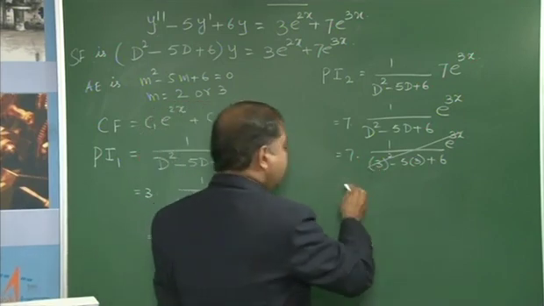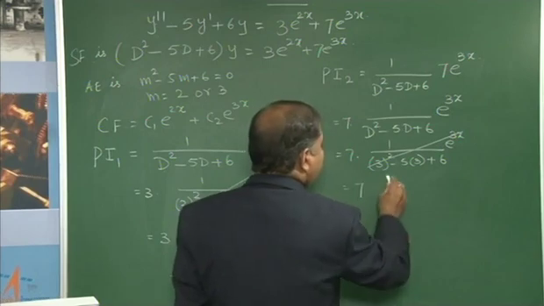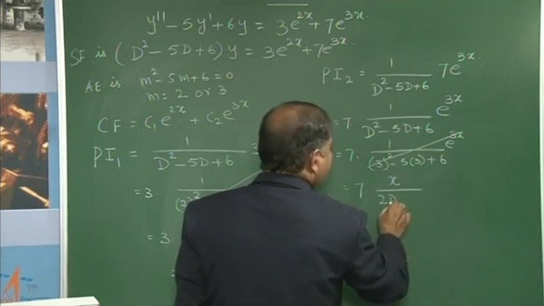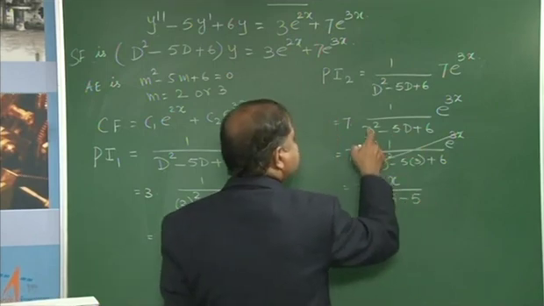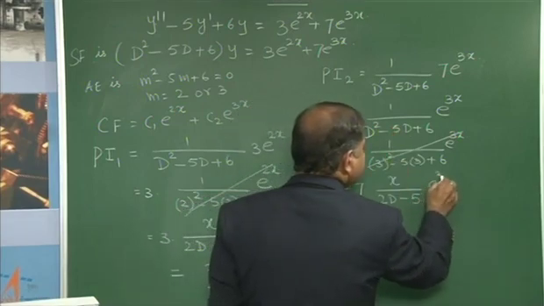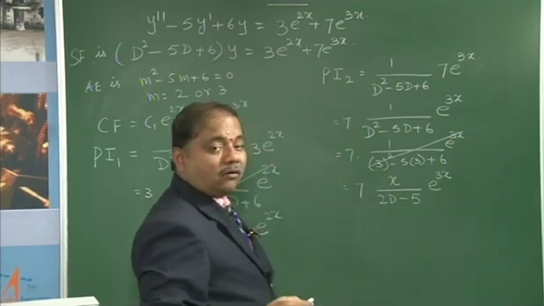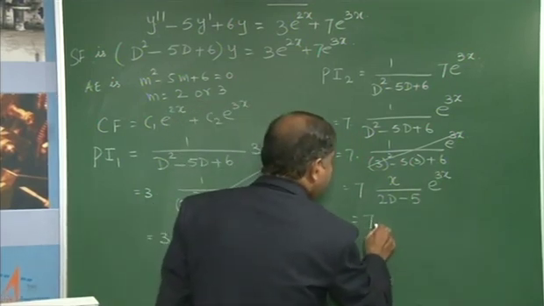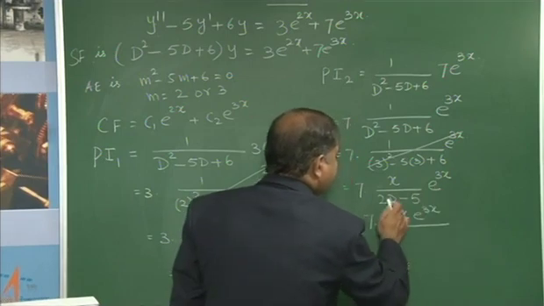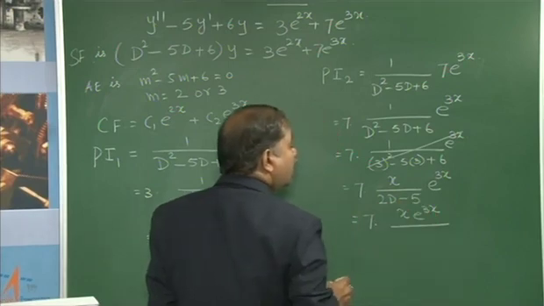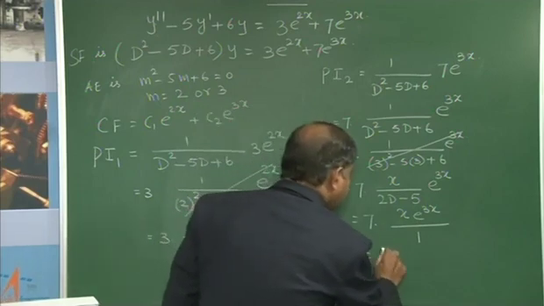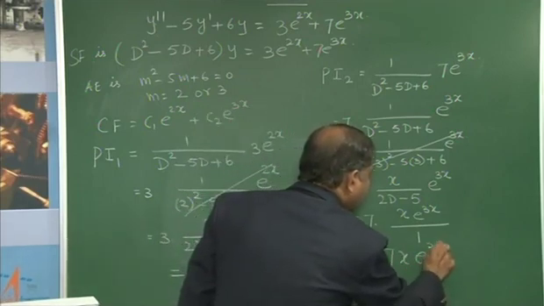Once again, don't consider it. So 7 into, what I said, multiply by x in the numerator, differentiate the denominator with respect to d: d square differentiation is 2d minus 5, e power 3x. Now replace d by a, x by x e power 3x, we can write 3 2s are 6 minus 5 is 1. So the answer is 7x e power 3x.